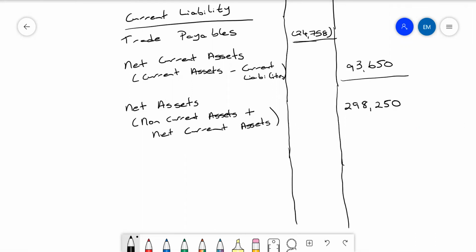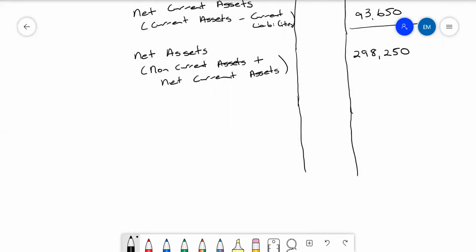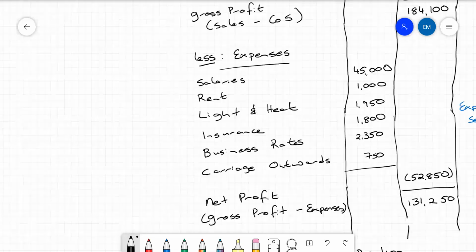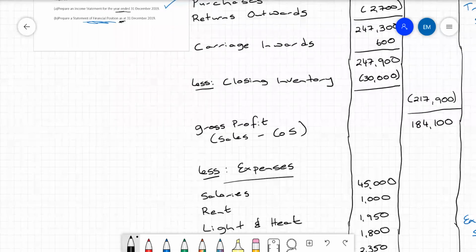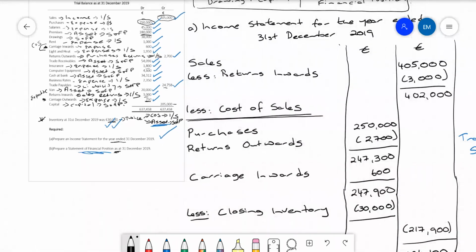So now what we have to do is complete the statement of financial position. We have to try and get the bottom part of the statement of financial position to equal the top part. So at this stage, the only figures that we have left to input into our financial statements is any figure that hasn't been ticked. And we can see that we have two figures there.